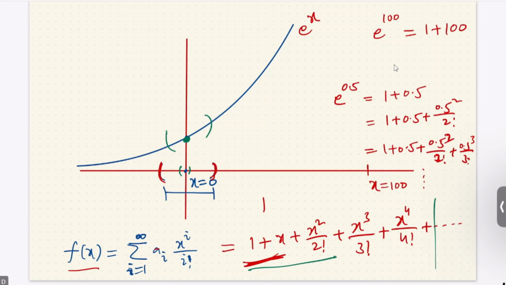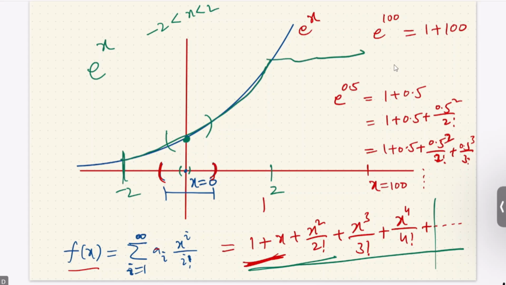The data you are generating or collecting is based on the point around which you expanded. If you want to approximate e^x in an interval like -2 to 2, then you should take care how many terms you take such that the Taylor series approximation matches exactly there.